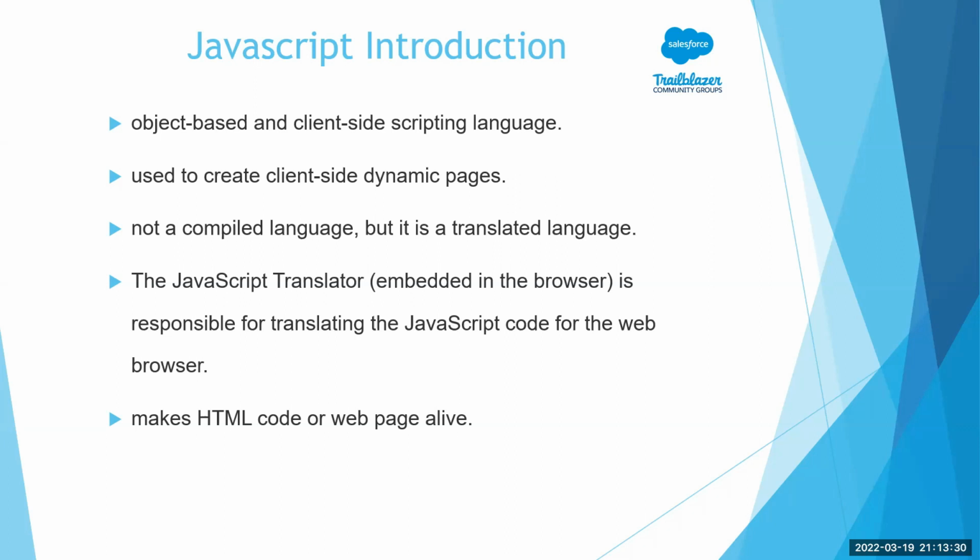Just remember, it's an object-based scripting language, and it is used to create dynamic pages, which means based on the response, right? Let's say you're browsing in some online purchasing application like Flipkart or Amazon. You're searching for some mobile, and you're applying some filter.